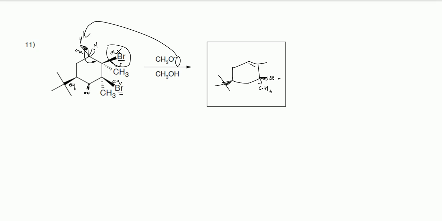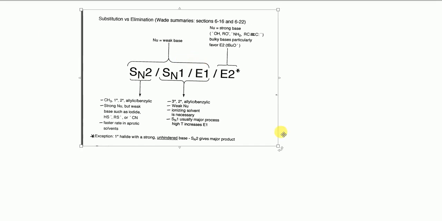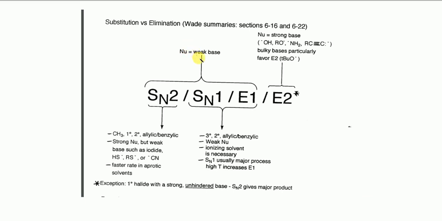And I'm just going to take something from her notes and put it up here, so if you guys want to copy that, it's in the notes already, but just for the sake of this video, this is a brief overview of everything that we've just talked about, right? So substitution versus elimination.